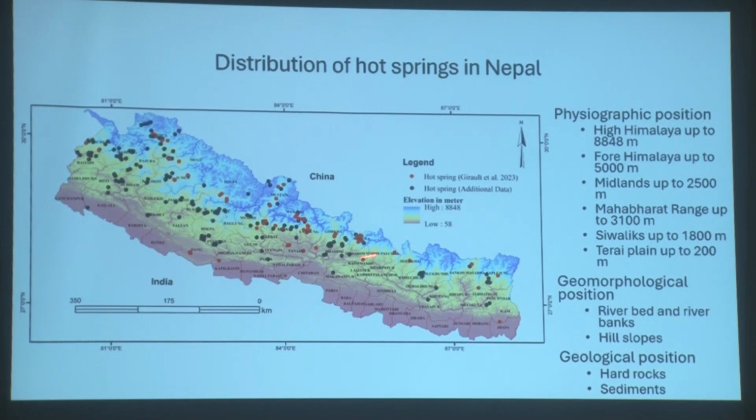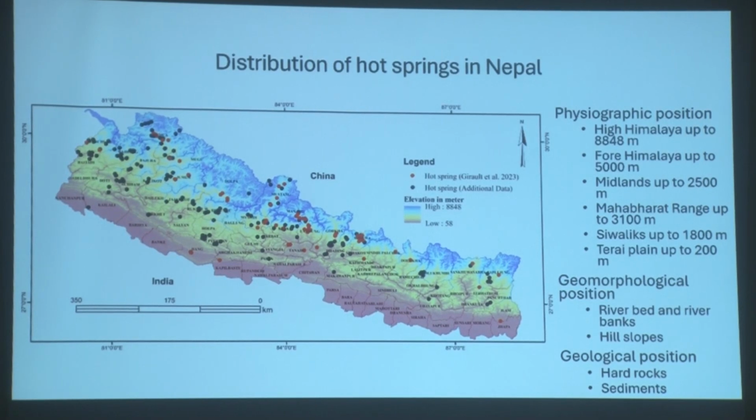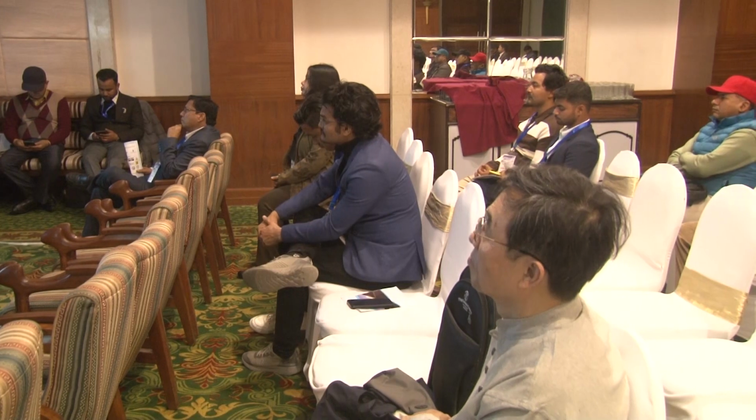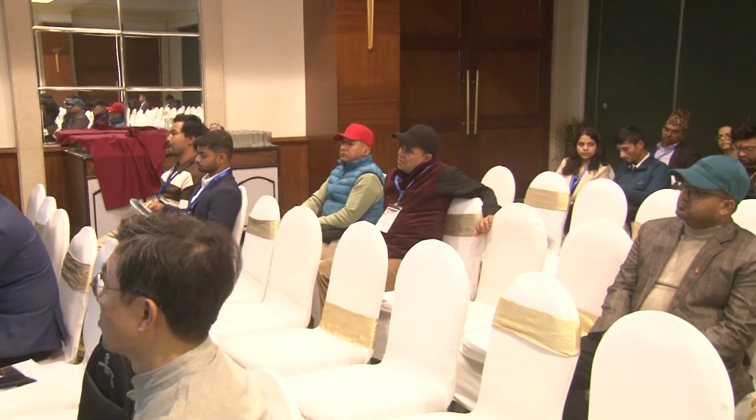Immediately to the north of the Siwalik there is a prominent mountain range that we call the Mahabharat Range, or Midlands, and to the northern extremes we see the Greater Himalaya.